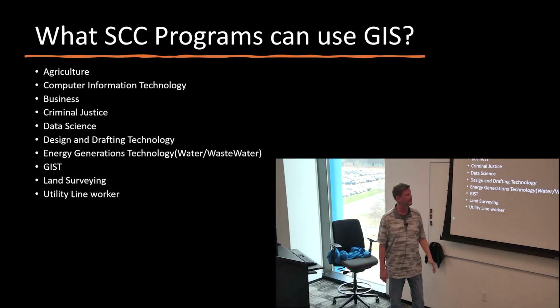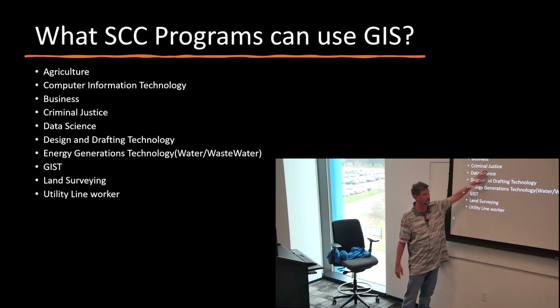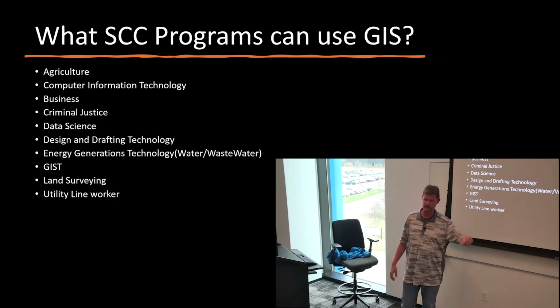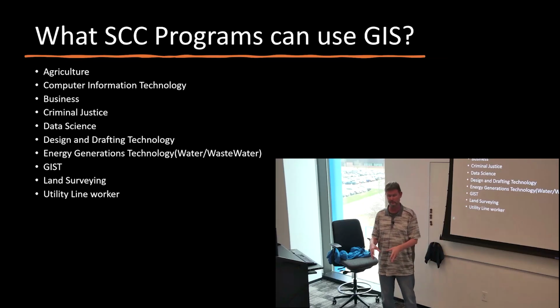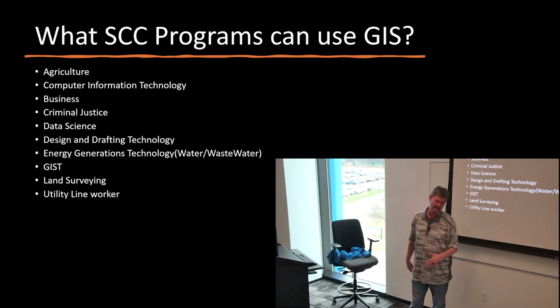Criminal justice, I talked about that earlier with what we do with our sheriffs, what the attorneys do. The attorneys are getting stuff from criminal justice to say, here's the situation, here's where a knife was, here's where the person got stabbed, here's X, Y, and Z. Can you please put that somewhere in space? Because we all know they say a picture tells 1,000 words.